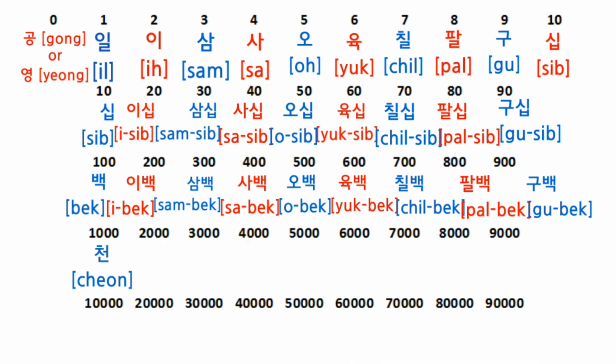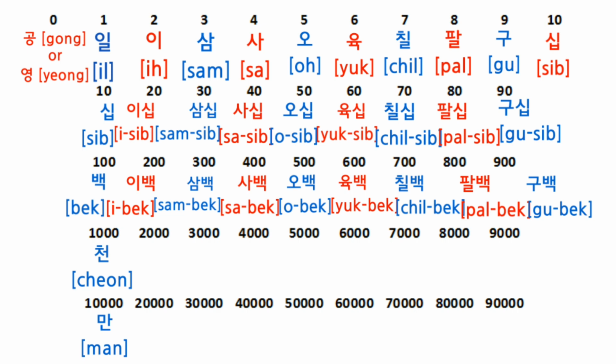In English, this number is called ten thousand. I mean, they use thousand here. But in Korean, we have one more unit after thousand. 10,000 is 만 in Korean. 만, 2만, 3만, 4만, 5만, 6만, 7만, 8만, 9만.